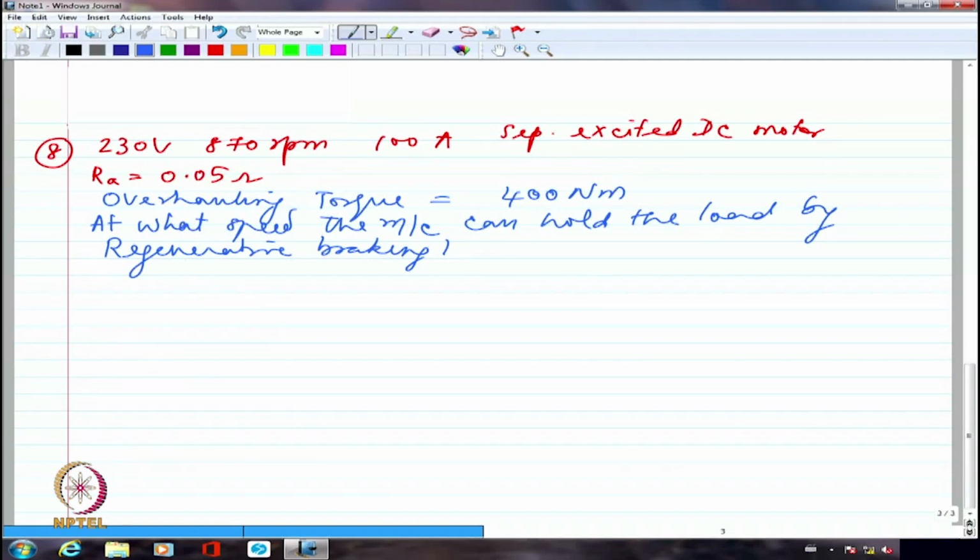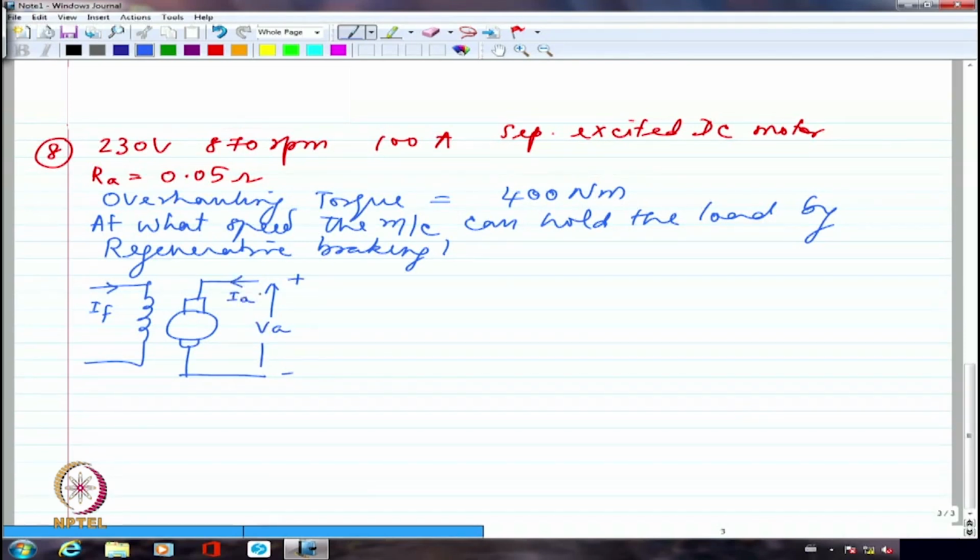In regenerative braking, normally what we are going to do is, let us say this is my machine, a separately excited DC machine, and I am having field here. If it is actually connected to a voltage supply which is VA like this, normally the current is going to flow like this.